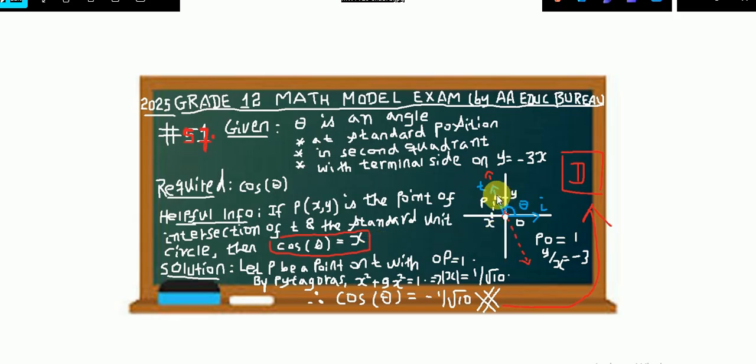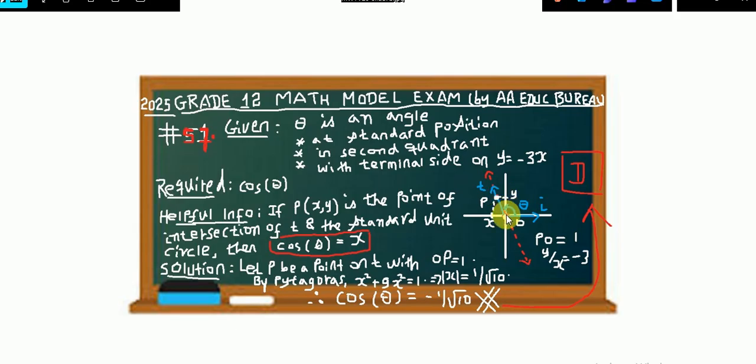In the present case, let P be the point of intersection. Since P is on the unit circle, the distance from P to origin, PO, is 1. And since the terminal ray is on the line y is equal to negative 3x, whose slope is negative 3, if x, y is on the terminal side it is on this line, so y over x is negative 3, and from that we get by Pythagoras theorem, PO is hypotenuse.